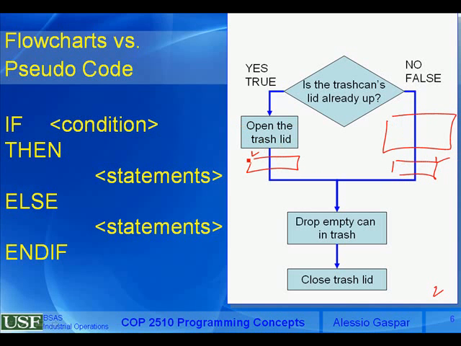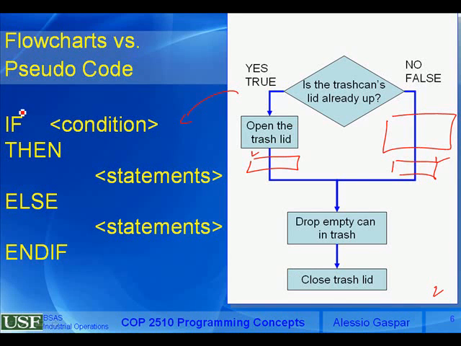Okay? On your left, what you have here is the equivalent written in text instead of with diagrams, and written in what is called pseudocode. The idea of pseudocode is that it's closer to a programming language than those diagrams are, but at the same time it's not as heavy on syntax as a real programming language. We are pretty flexible here, okay?